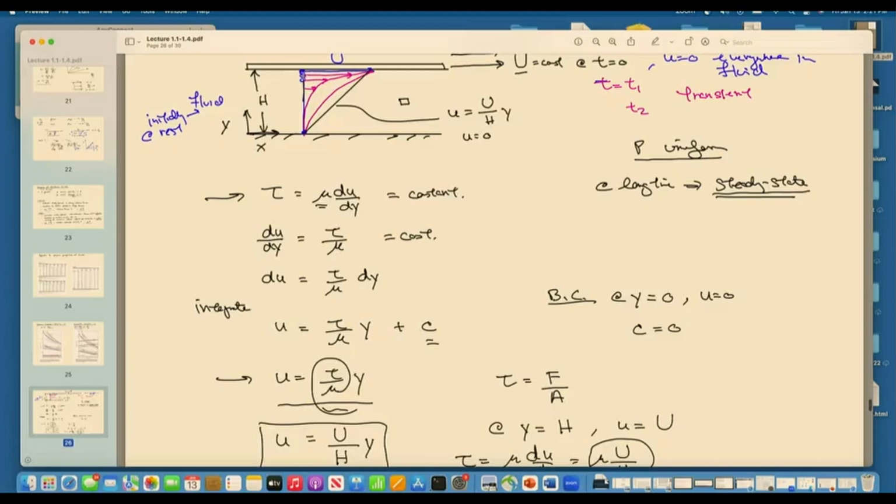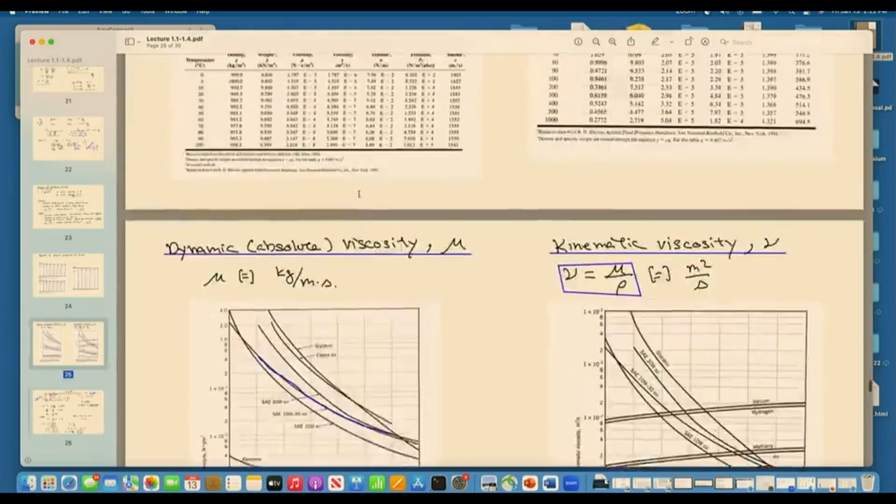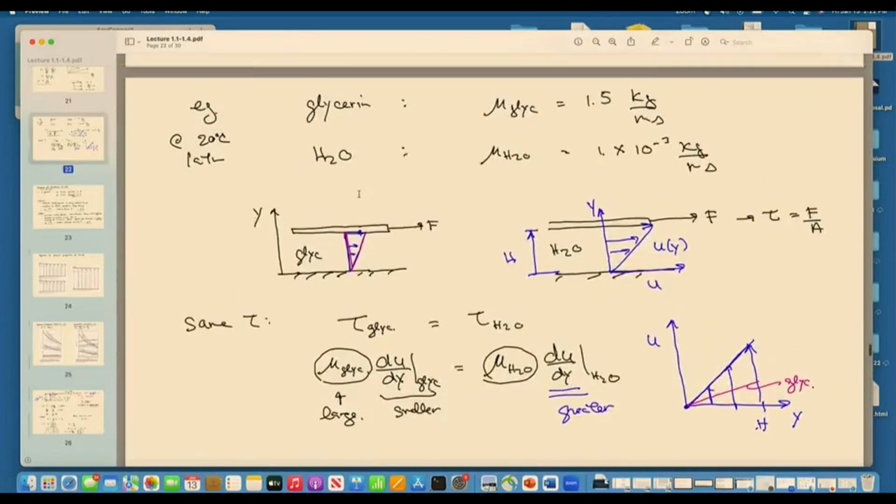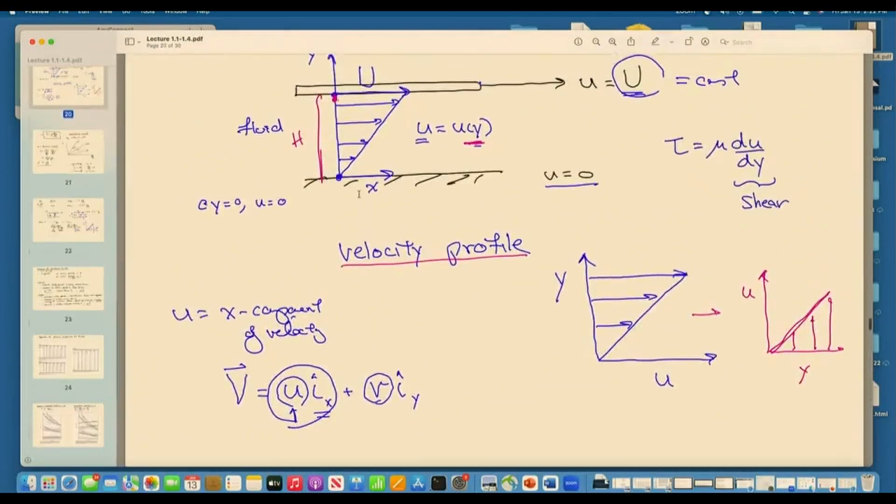But so in this particular flow, and as an example, this velocity distribution is given by a simple linear relation. Okay? And so then the dependence on y is here. So then we can easily evaluate du dy, the derivative of velocity. And this du dy is the shear rate. Now, let's go back to, okay.